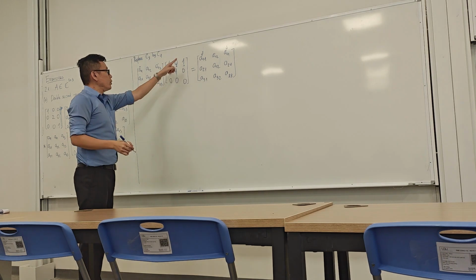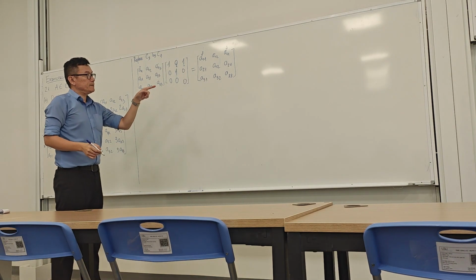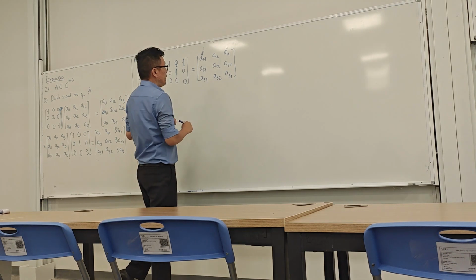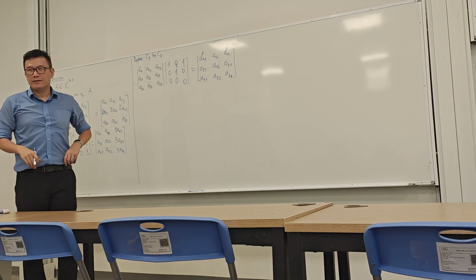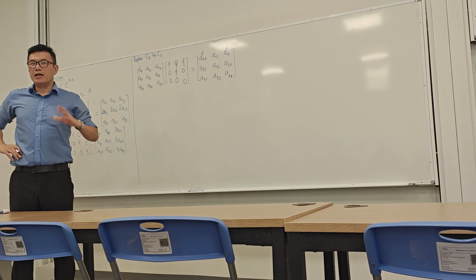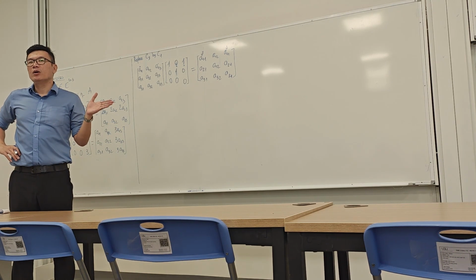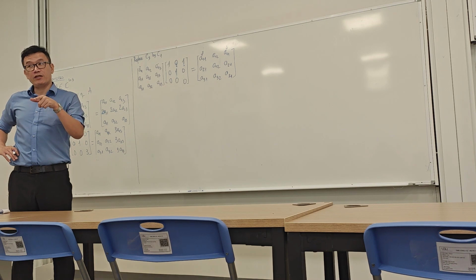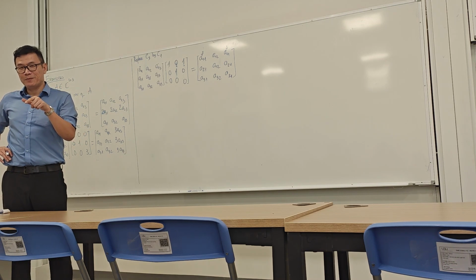And this row with this column gives A31. Is it okay? Now we understand the rule: replace the third column by the first column.